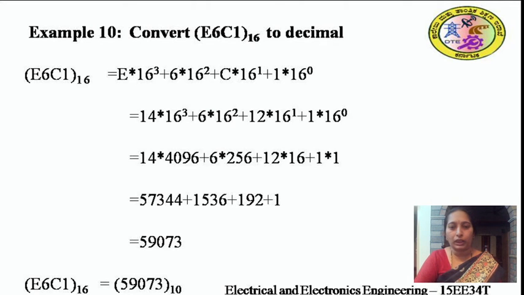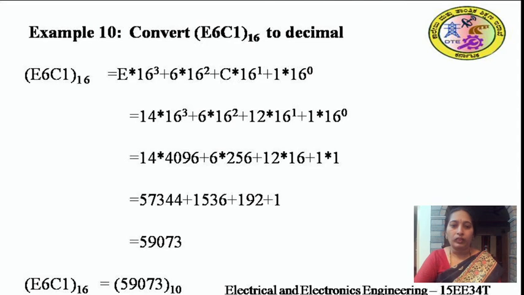Here the number I have taken is E6C1 hexadecimal to decimal. Starting from LSB, 1 is multiplied by 16 raised to the power 0, C is multiplied by 16 raised to the power 1, 6 is multiplied by 16 raised to the power 2, and E is multiplied by 16 raised to the power 3.